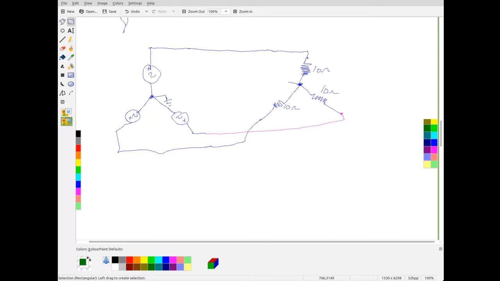The nice thing about having the ground is that if the system is unbalanced, so that if one of these resistors wasn't exactly 12 ohms, it was only 9 ohms, then having a ground here gives an extra path for current to flow. It also gives a path for noise injected into the system to flow.